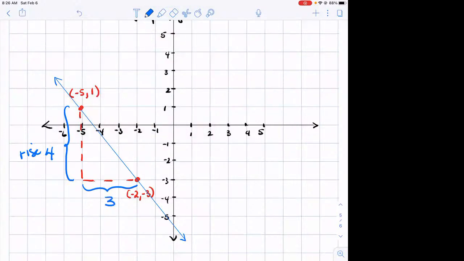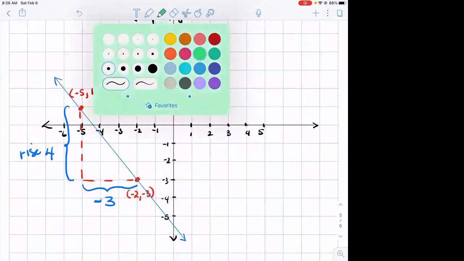But because the line is traveling from left to right, we can say the run is -3. Generally what I do, I don't look at the sign of the numbers here.